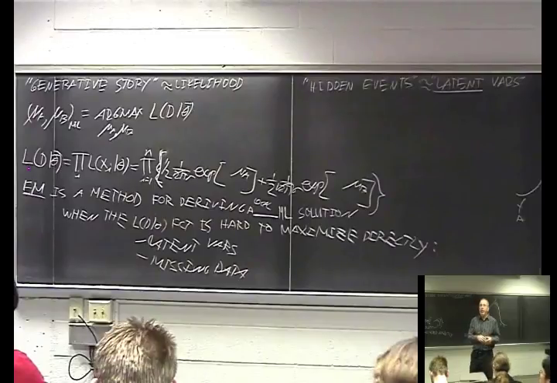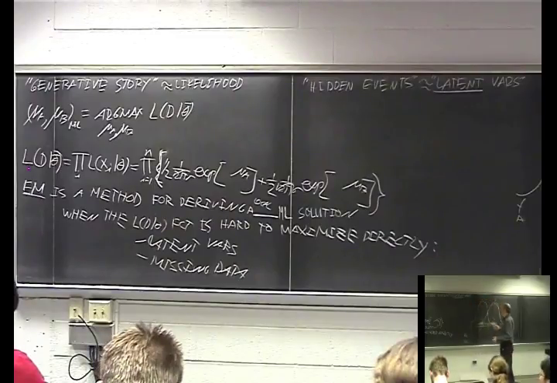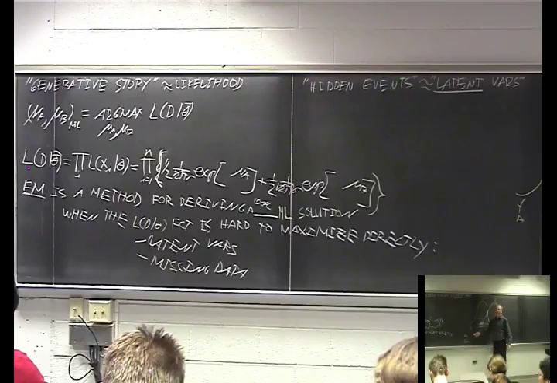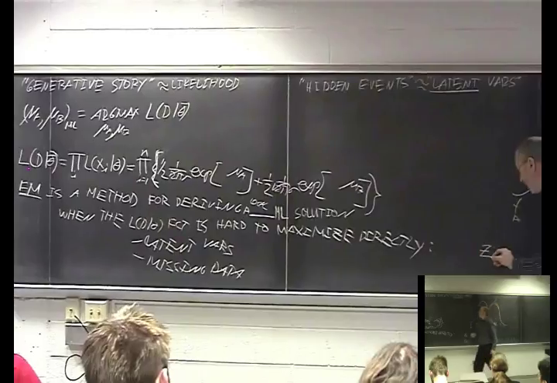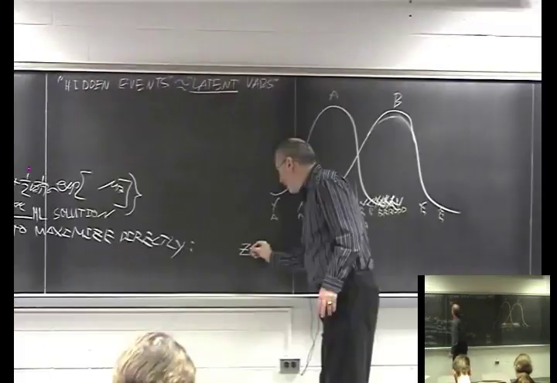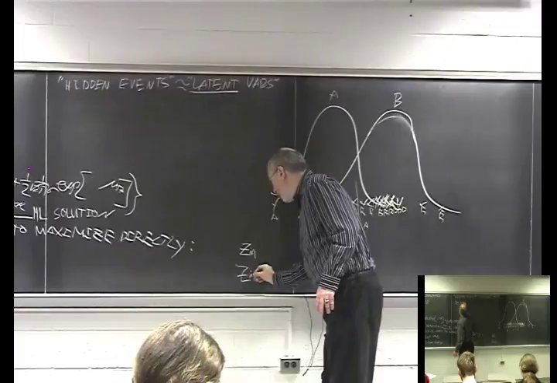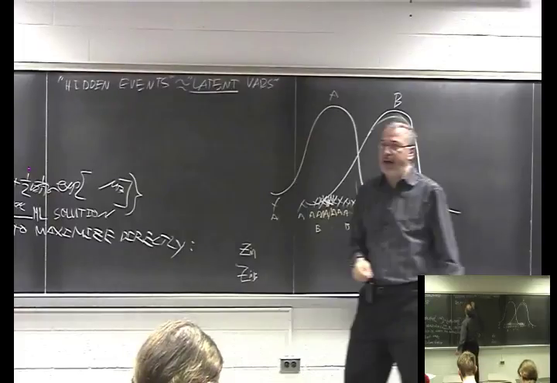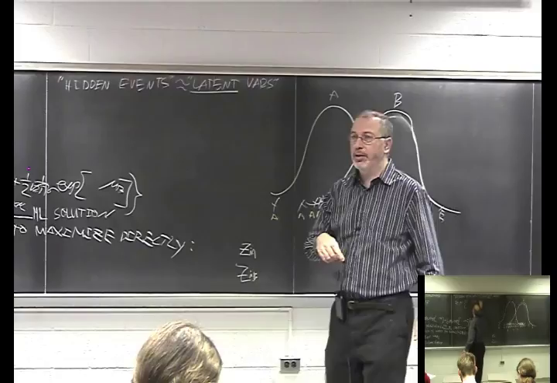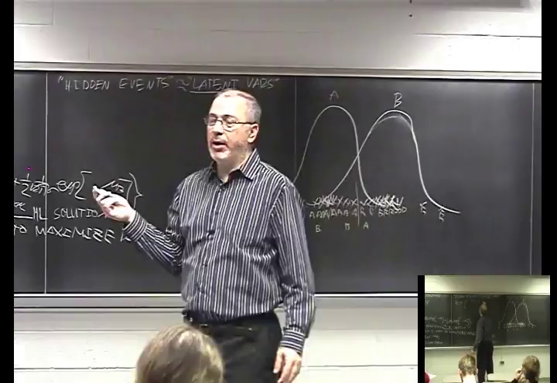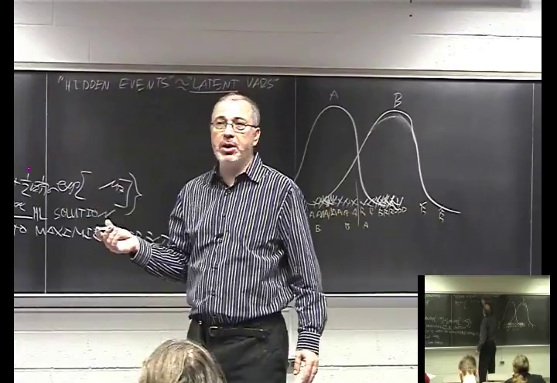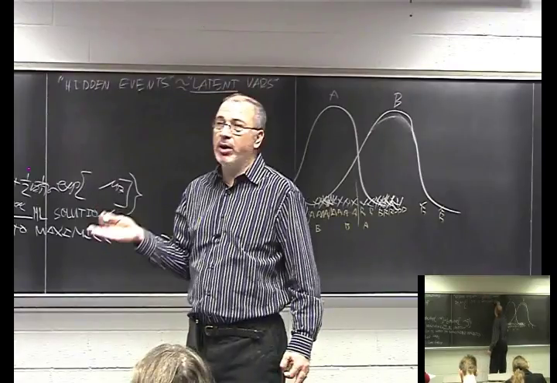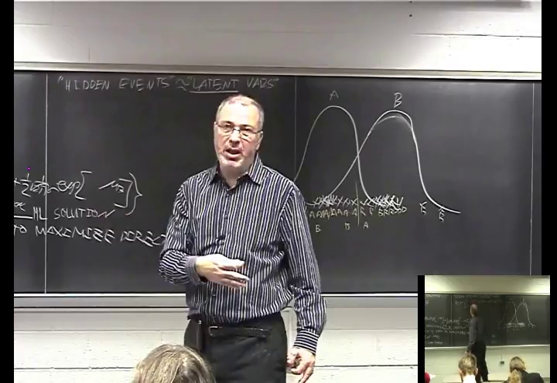So if the data point XI or X17 came from A, then Z17A would be 1 and Z17B would be 0. ZIA equals 1 if and only if XI came from Gaussian A, and 0 otherwise.